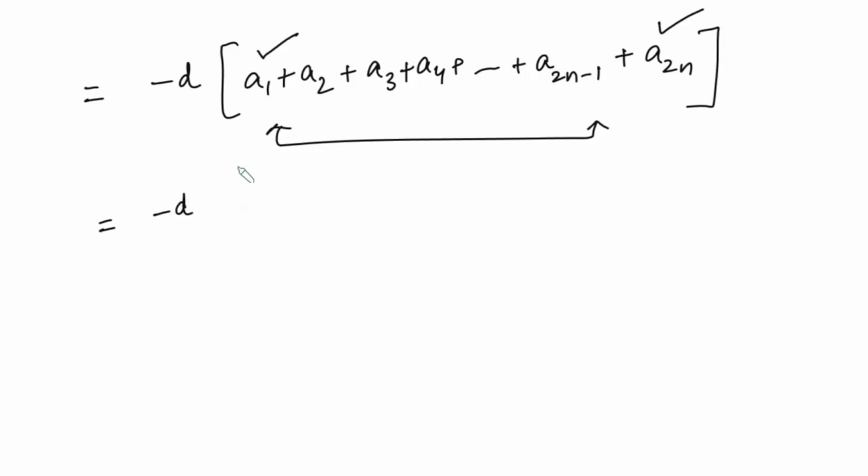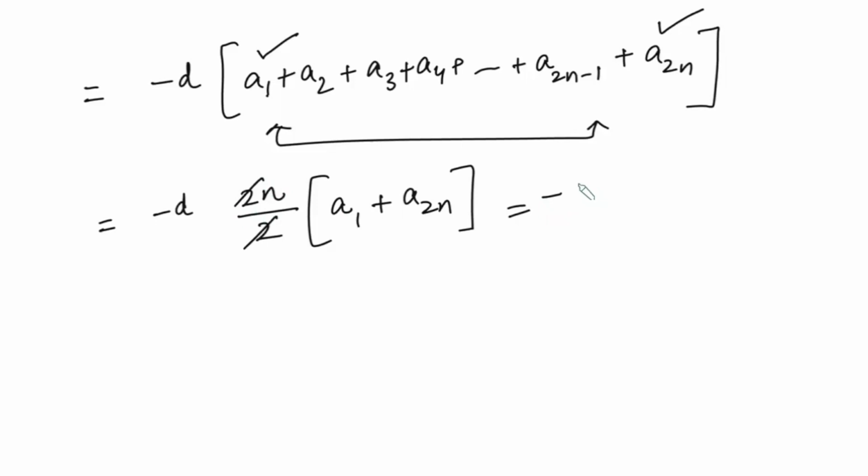The formula for the sum of all the terms of an AP is the number of terms, which is 2n here, divided by 2 times the first term plus the last term. So first term plus the last term. So we can cancel out 2. So we have negative nd times a1 plus a2n.